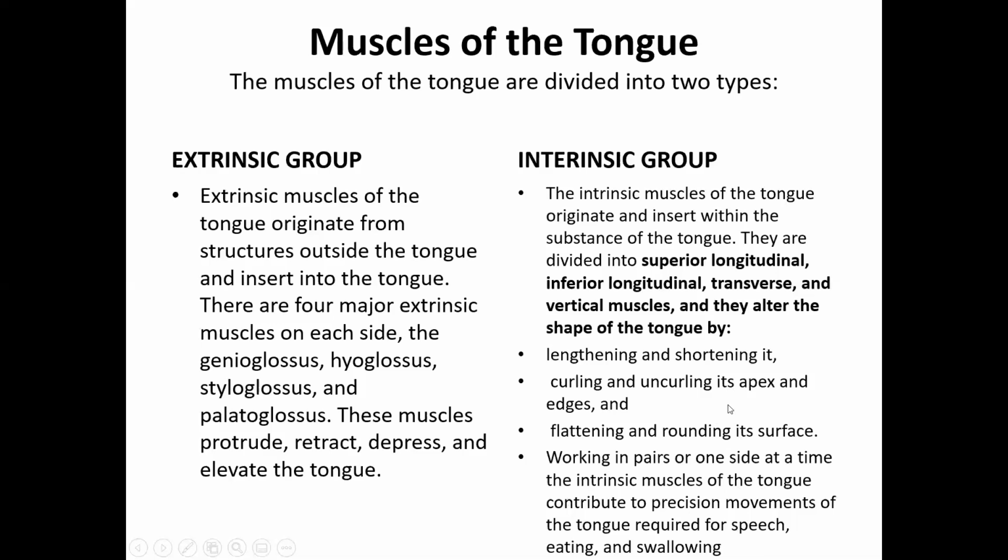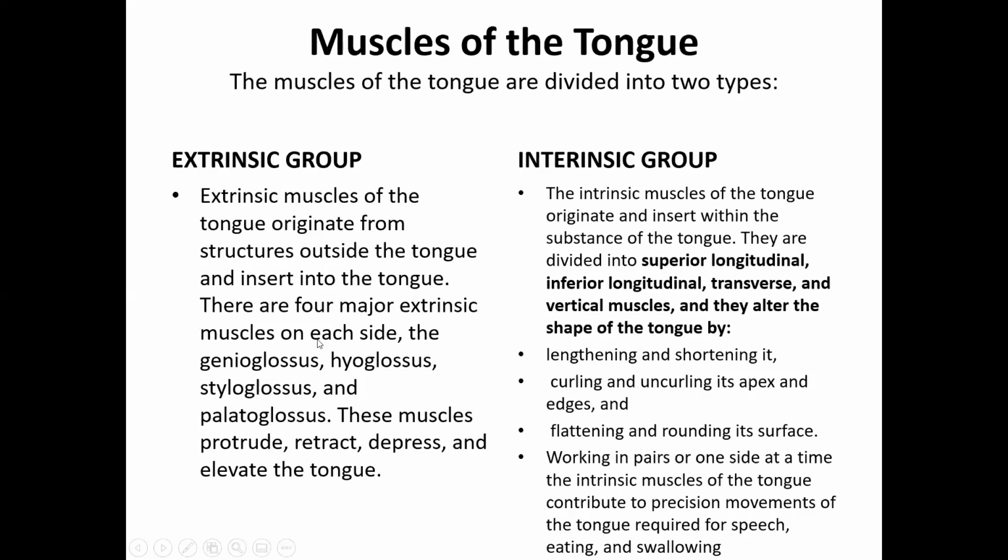These are very important muscles because they alter the shape of the tongue, which is very helpful for the articulation of words. And the outcome of this is speech. It is also necessary for the eating and swallowing process.